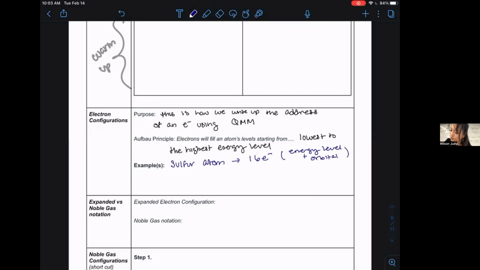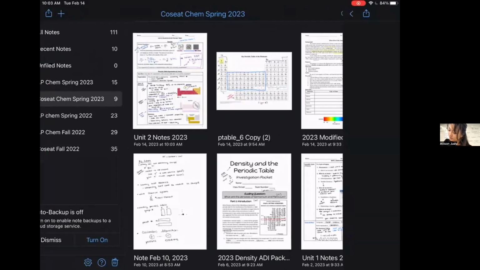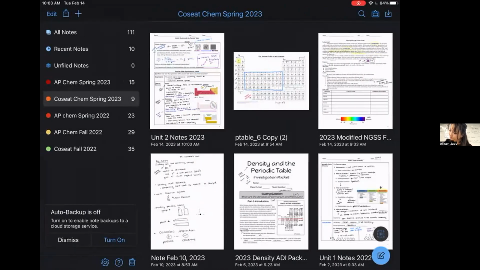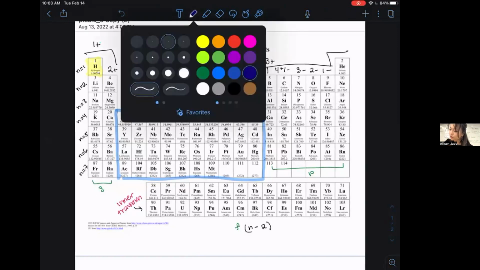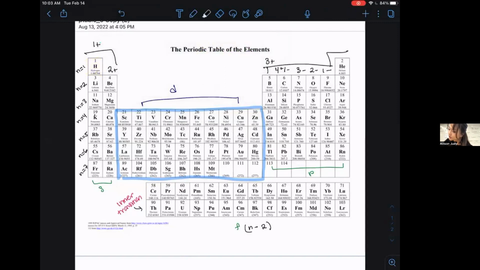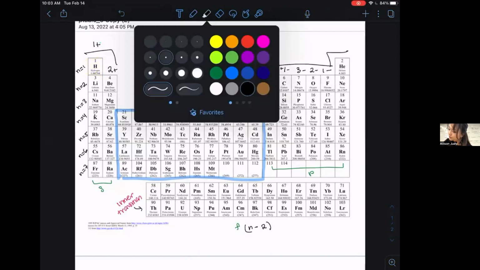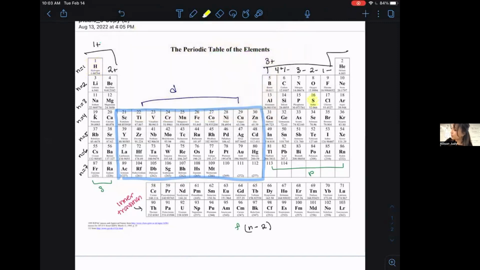So when you go to your periodic table, what you see is, this is the D block. To get to sulfur, I have to fill up the amphitheater; all of these seats have to be filled to get to sulfur's place, because again, we fill from the bottom up, and on the periodic table, bottom means lower energy level.